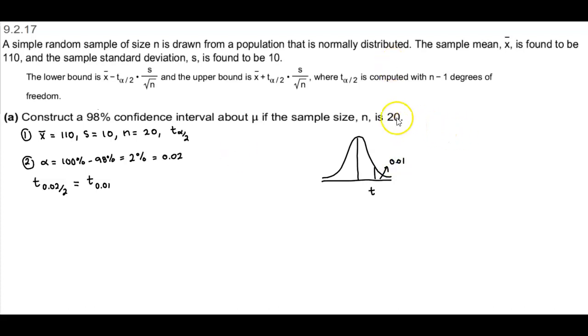So we know that n is equal to 20. If we know that n is 20, we want to find the degrees of freedom, which is equal to n minus 1. Therefore 20 minus 1 is equal to 19. So we're looking for the degrees of freedom of 19 with an area of 0.01.